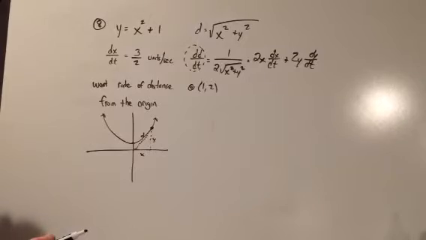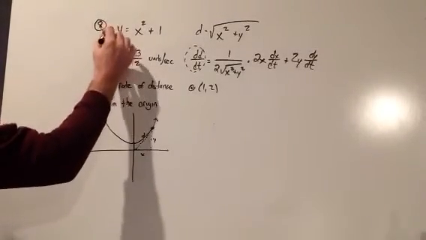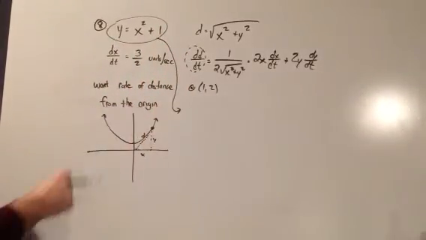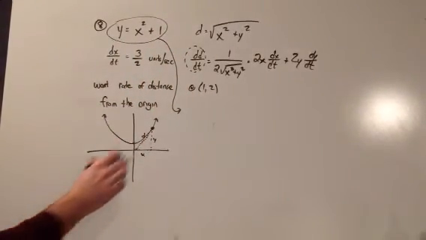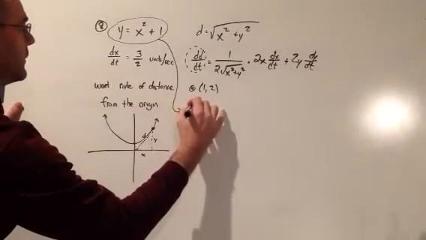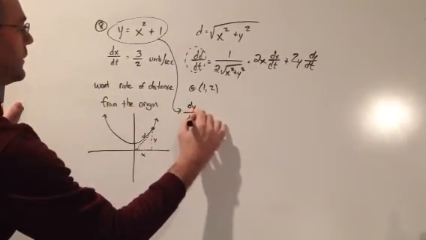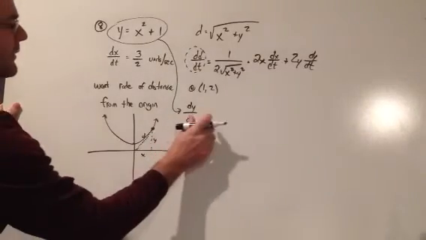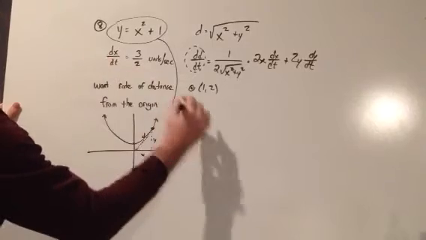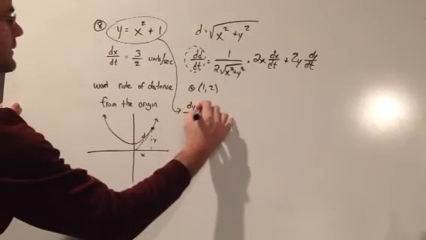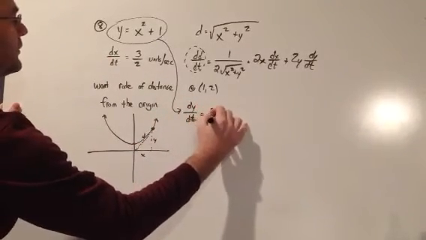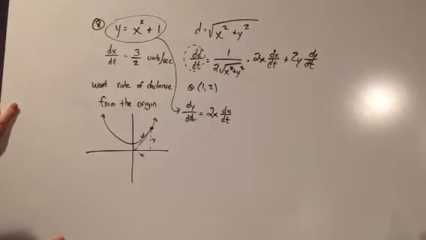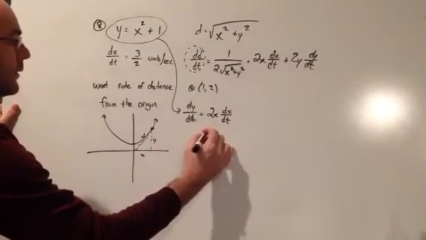If I go back here, I'll pull this down. Here's an equation that relates y and x. So if I differentiate that, I should probably do everything in terms of t since that's what I have up here. So dy/dt equals 2x dx/dt.